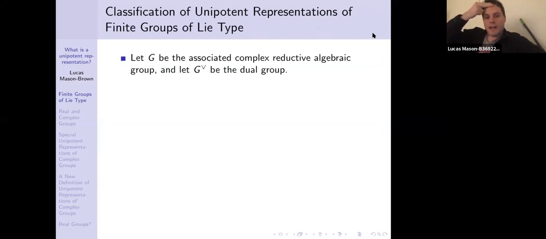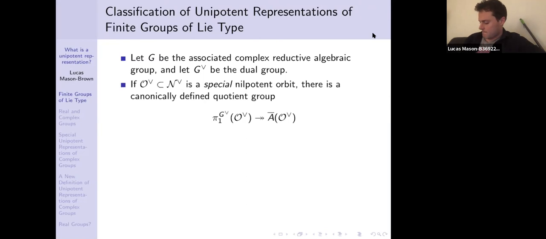Lusztig also gives a classification of these unipotent representations in terms of some parameters related to the complex Langlands dual group. So for this discussion, let G be the complex reductive algebraic group associated with G, and let G check be the Langlands dual group.